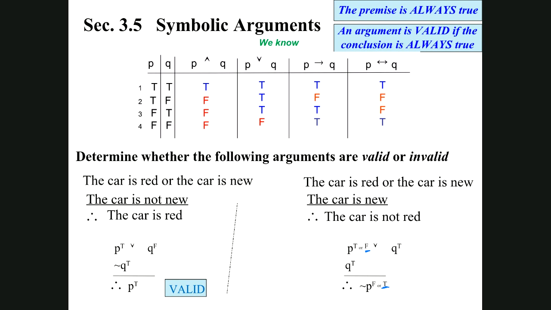Well, remember, an argument is valid if the conclusion's always true. All we need to do is find one case for the conclusion to be false, and it's not a valid argument. So we can make the conclusion false. Not P is false when P is true. We can make the conclusion false. Therefore, this argument is not valid.